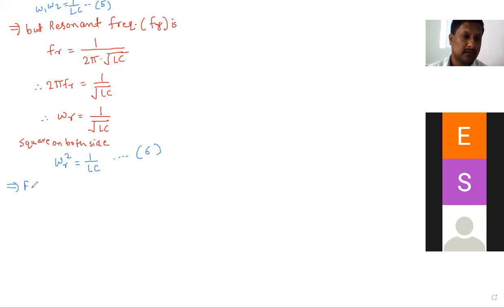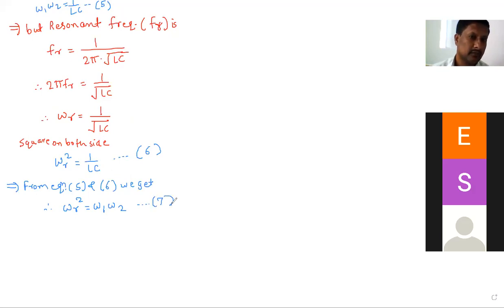Okay. So from equation 5 and 6, we get, if right hand sides are same, means left hand sides are also same, means omega R square is equal to omega 1 into omega 2. So this is the 7th equation.